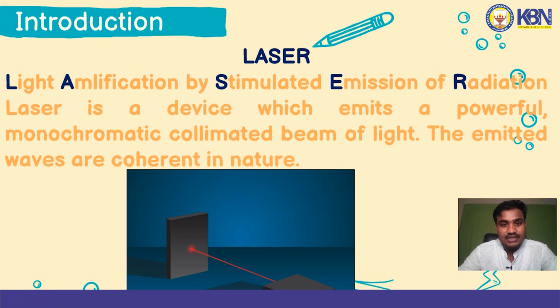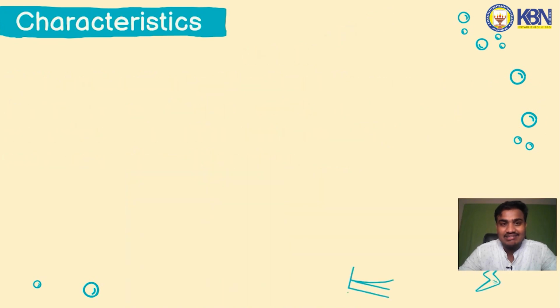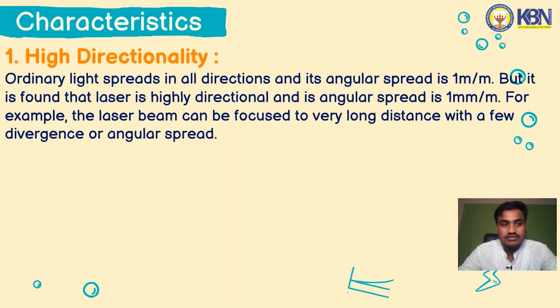Then what are the characteristics? What makes the laser different from the ordinary light? First one is that it is highly directional, or you can say high directionality. It is one of the characteristics that make the laser different from ordinary light.